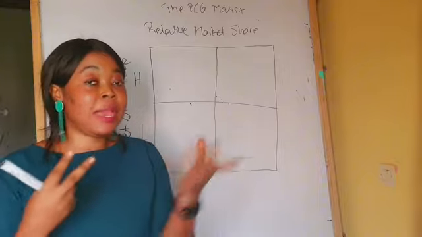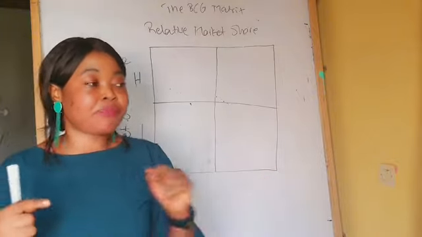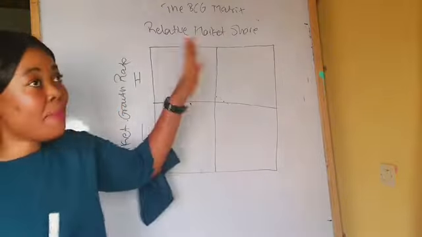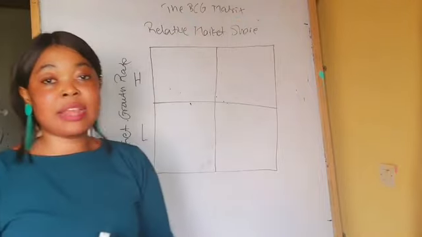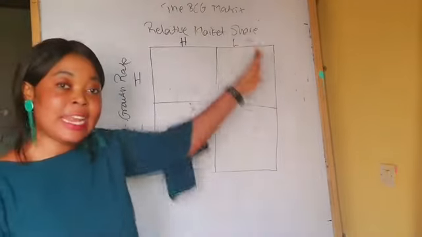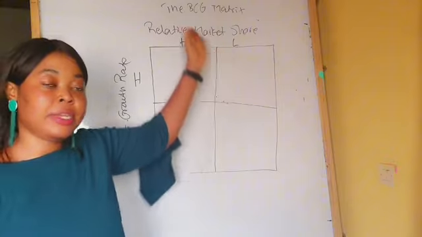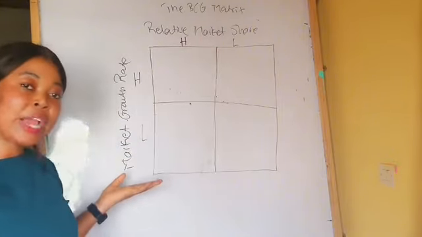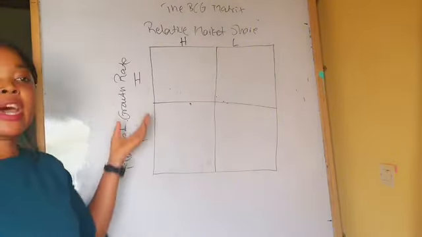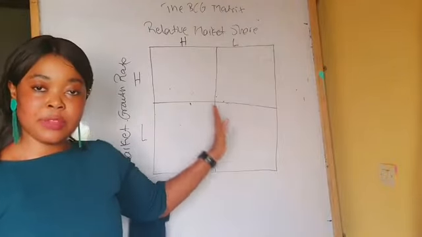That is relative market share. So it might be high or low. So up there we're going to put high relative market share and low relative market share. So we have relative market share leveled into high and low, and the market growth rate leveled into high and low. So let's classify the elements under here.